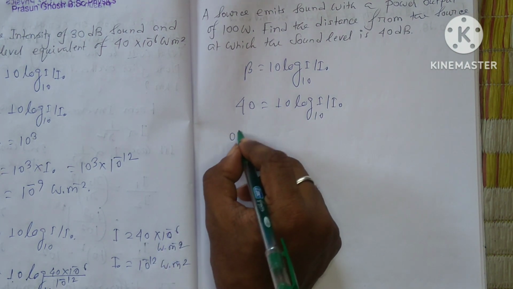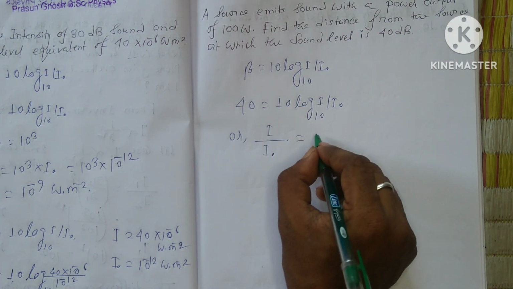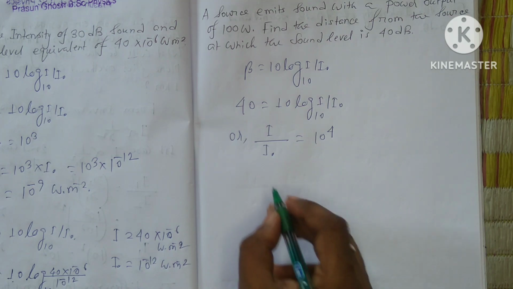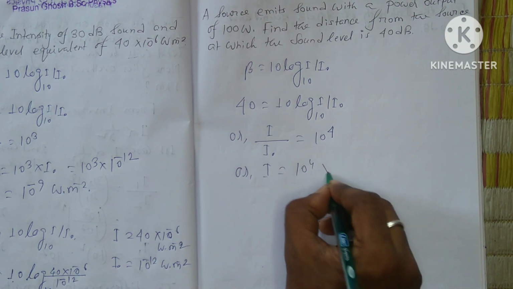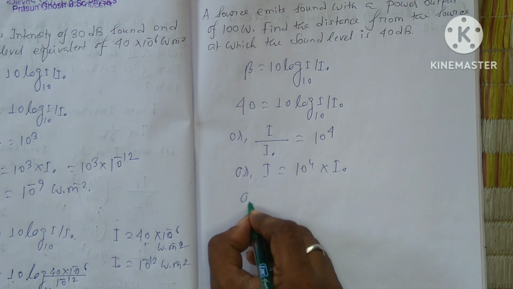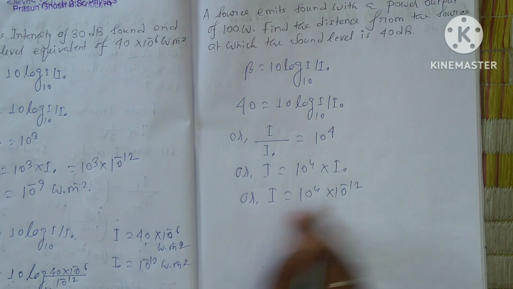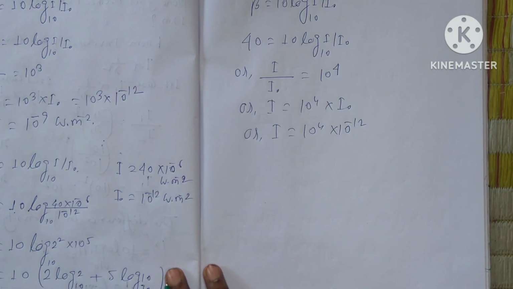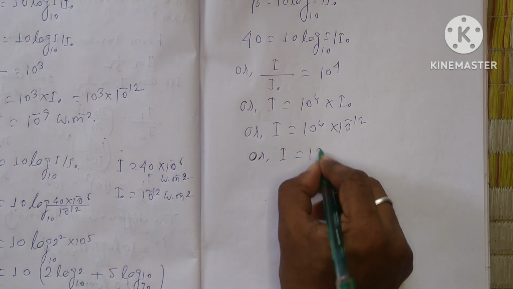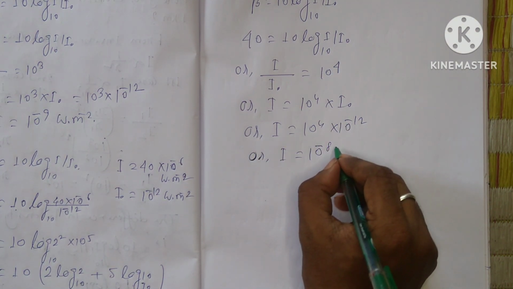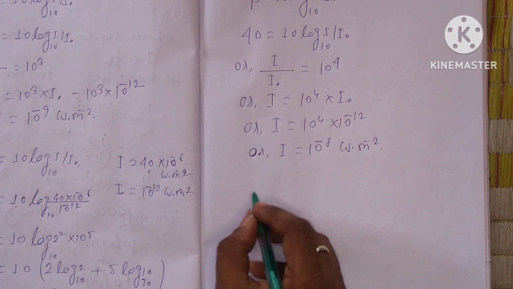So we can write I by I0 equal to 10 to the power 4. So I equal to 10 to the power 4 into I0. So I equal to 10 to the power 4 into 10 to the power minus 12. So we can write I equal to 10 to the power minus 8 watt meter to the power minus 2.